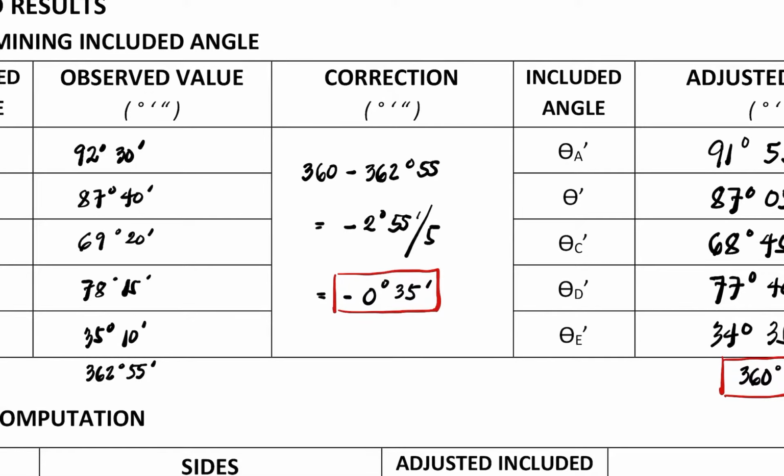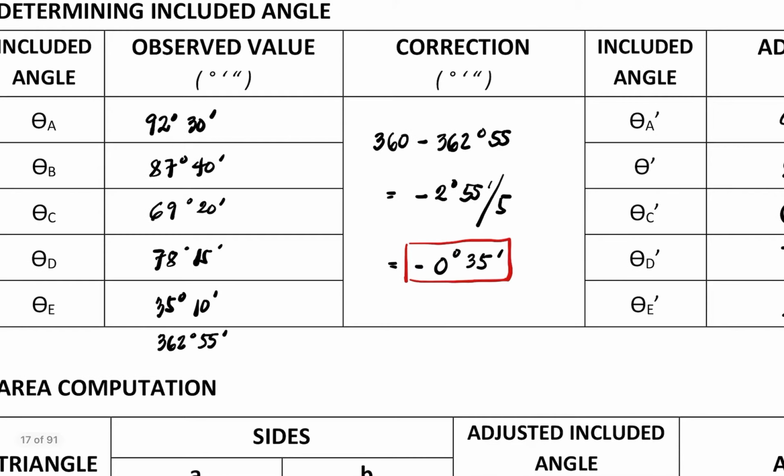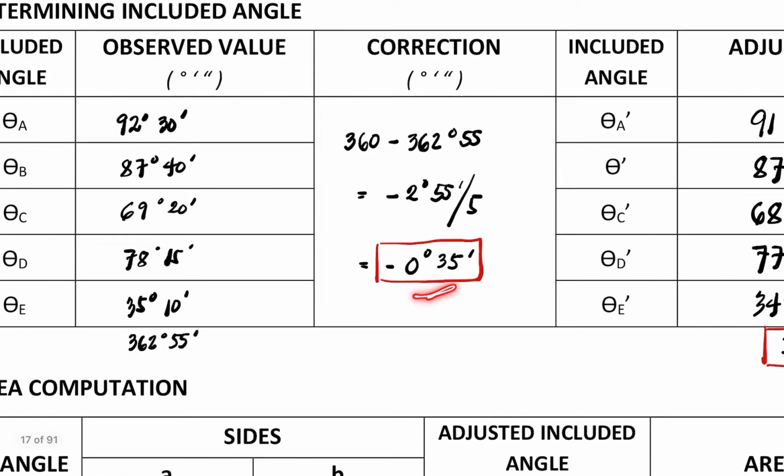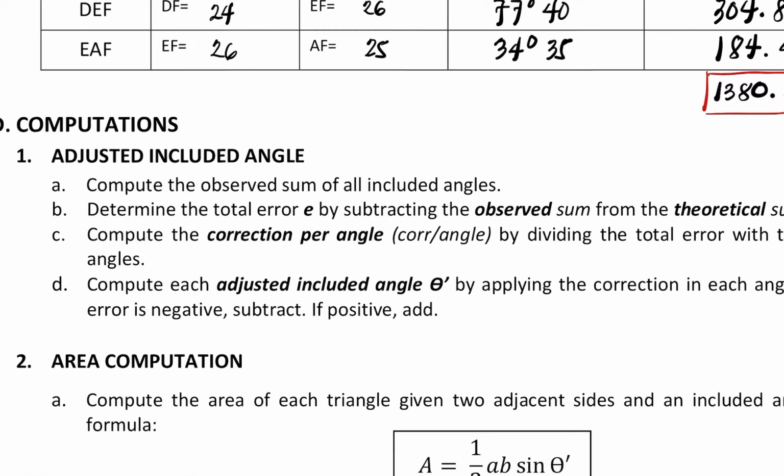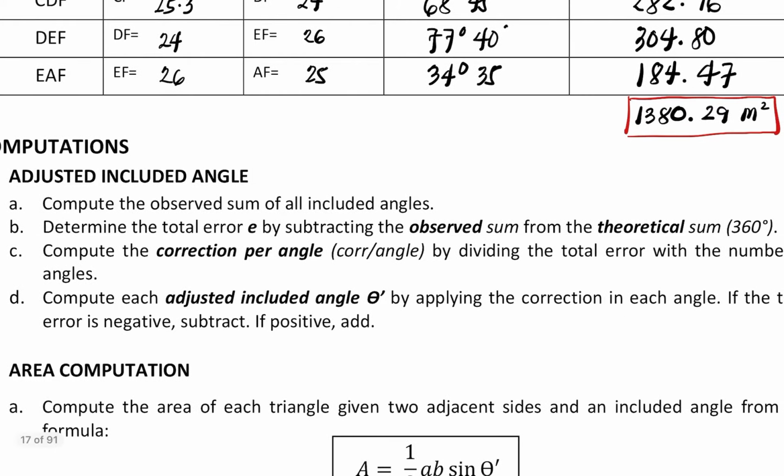You divide it by 5 since you have 5 interior angles, so you equally subtract or add your error to each interior angle. Dividing by 5 corresponding angles, your correction is negative 0 degrees 35 minutes.